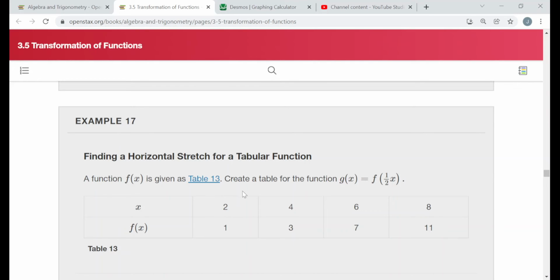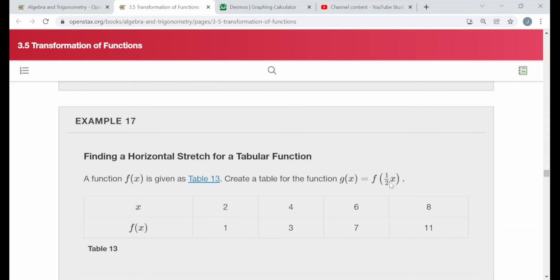And notice, we're given a function f of x, and we're asked to consider the function g of x equals f of half x. So the x's are replaced by half x in the rule for whatever the rule for this function looks like. So here the multiplier of a half is not on the outside, it's on the inside of the function.